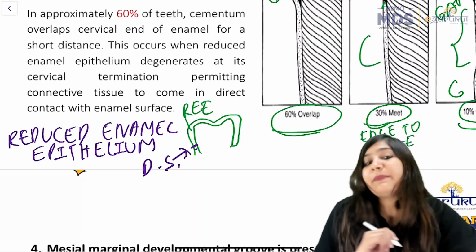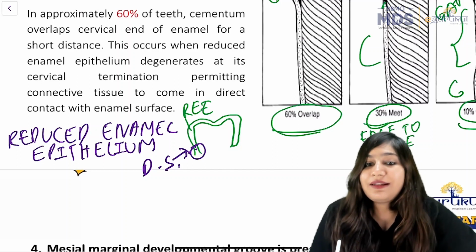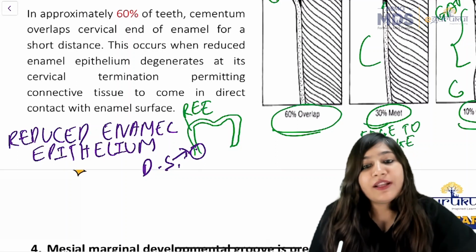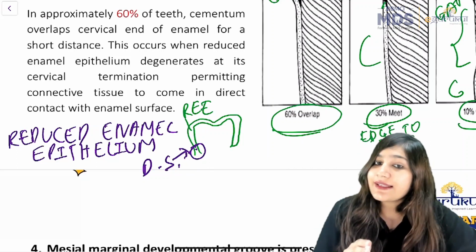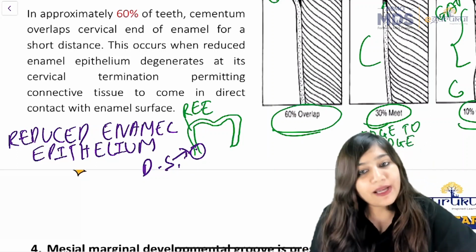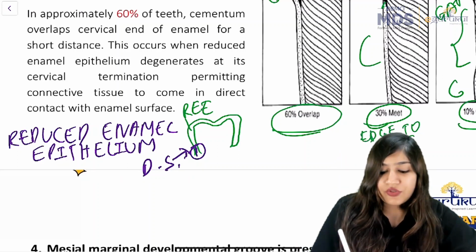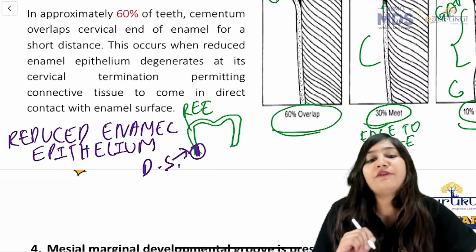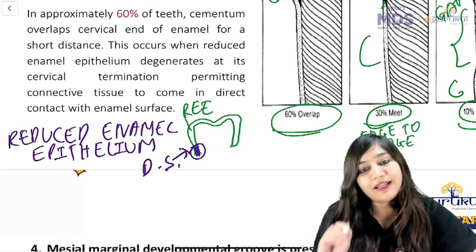Dental sac cells come in contact with the enamel at the cervical portion of the crown. And if it comes in contact with the enamel, then these dental sac cells will differentiate into cementoblast cells and form cementum. So here cementum will be formed at the cervical portion of the crown, overlapping the enamel.